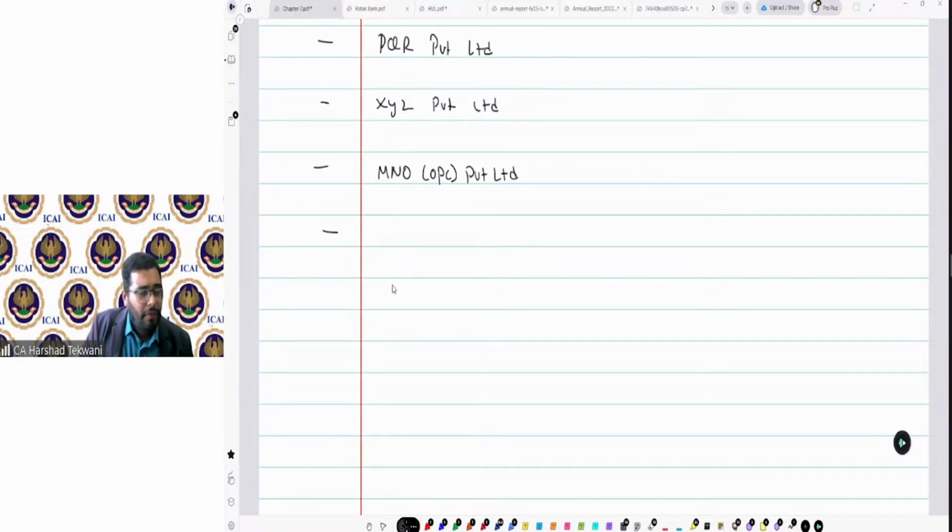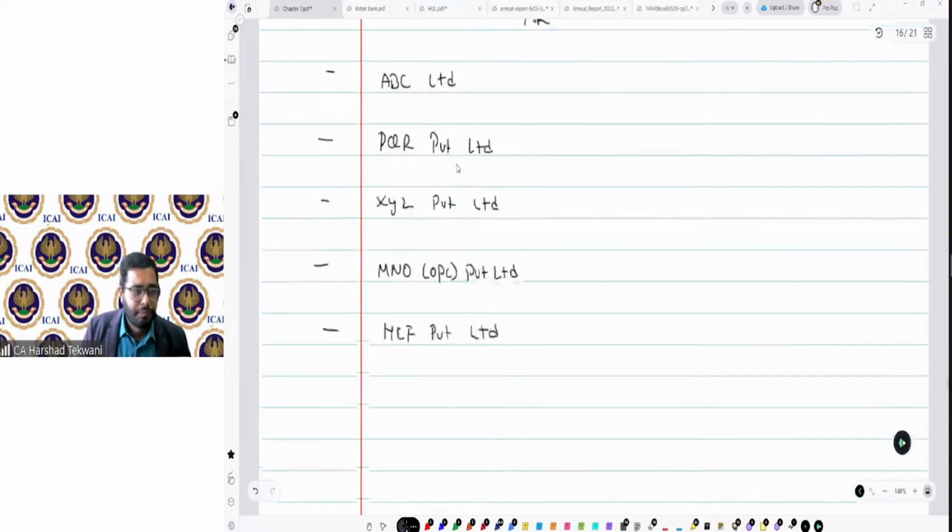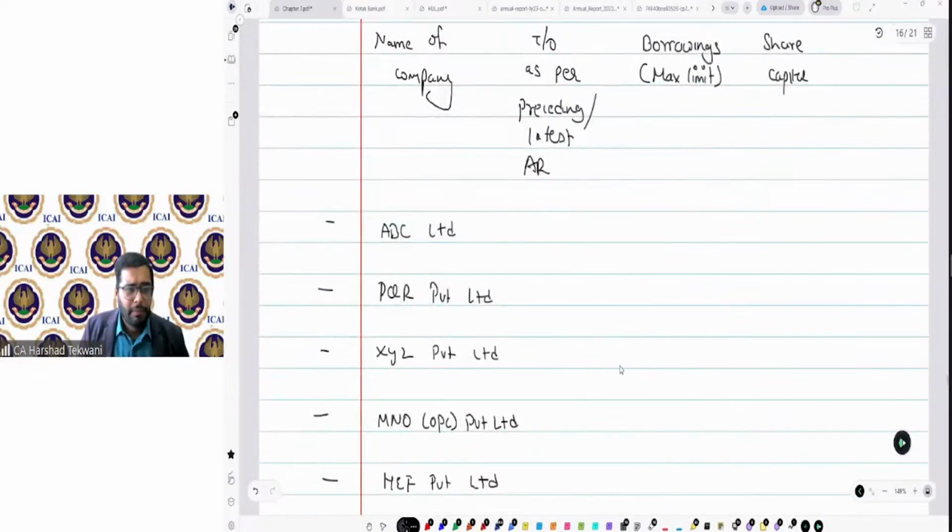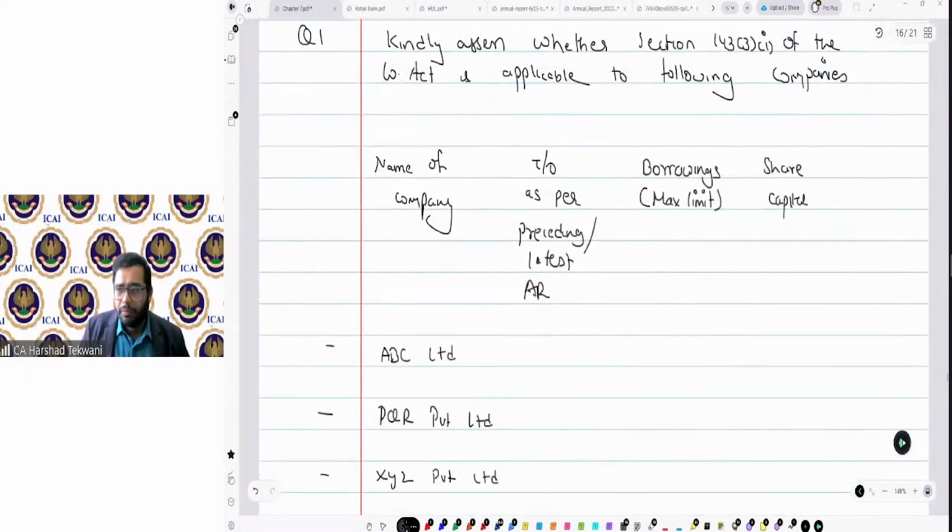Then we have HEF Private Limited. Okay, we have these companies. Now, for the first company, the turnover is, let's say, 30 crores. Borrowings was 15 crores. Paid up share capital is 1 crore.